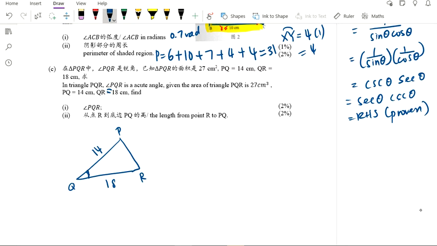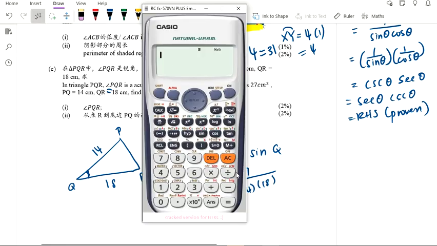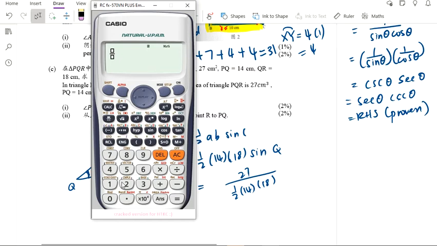So, how should we do it? We know that the area is half ab sine C, so 27 equals half times 14 times 18 times sine Q. So sine Q is 27 divided by half times 14 times 18.